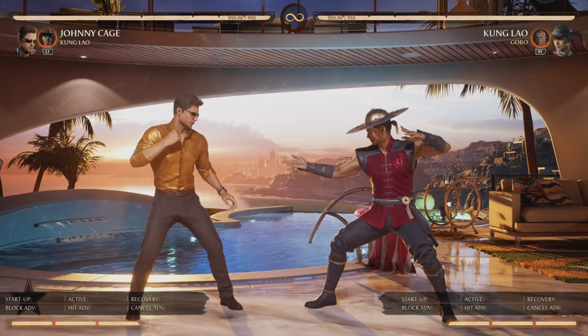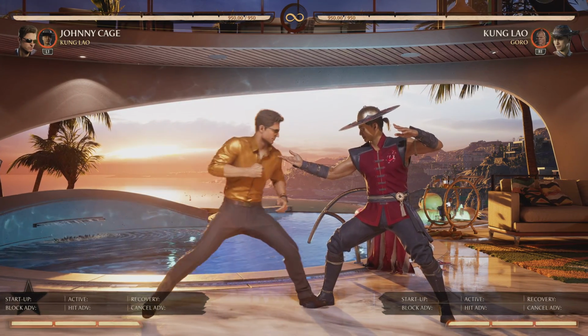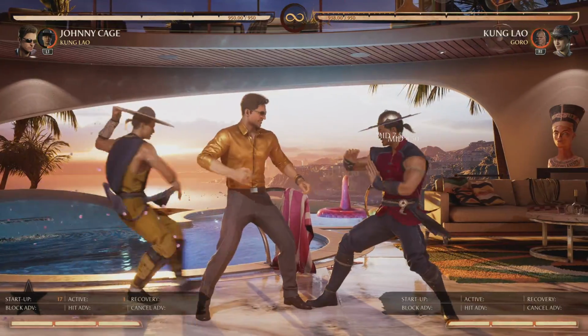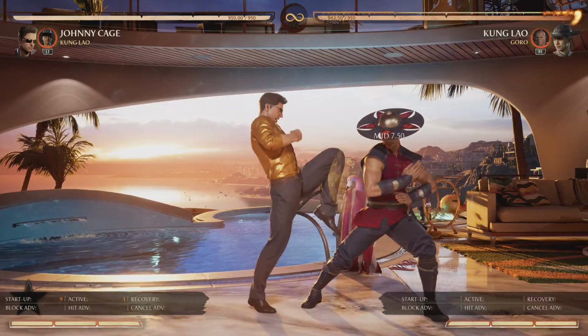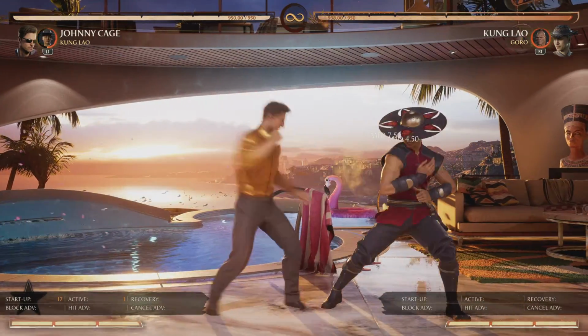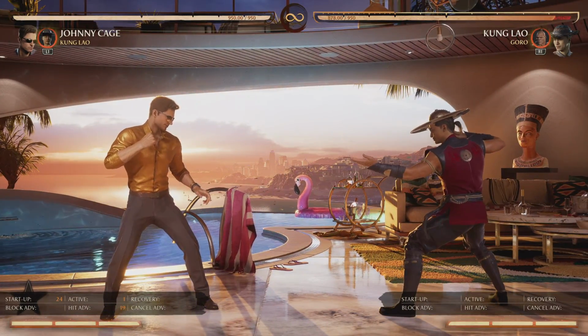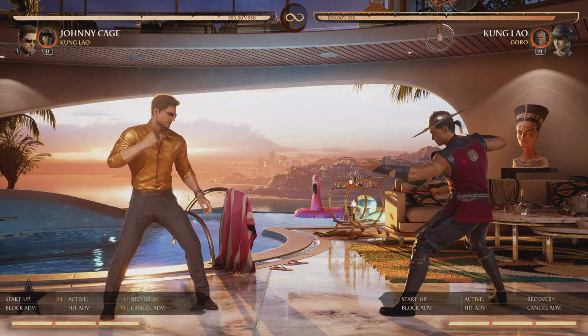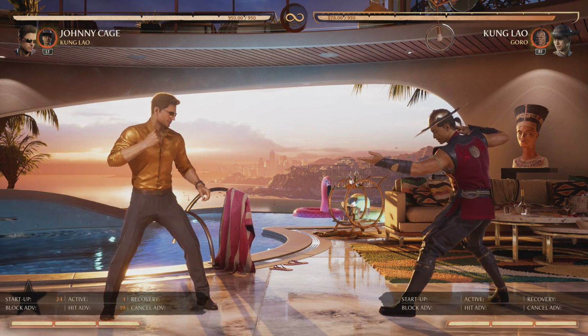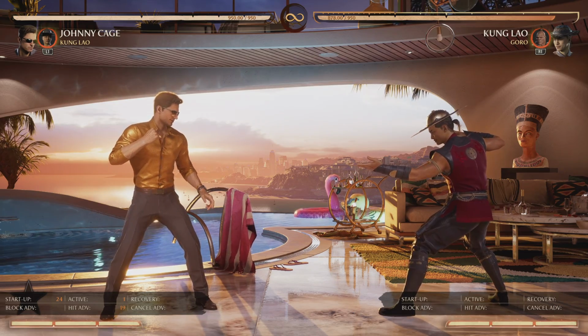But this is where staggers become important, because if I do a string and then I block, or if I do the string and you try to press there and I Lao hat, take a look at the hit advantage. And this goes for every character, this isn't just for Johnny. This is why Lao hat is very, very good.